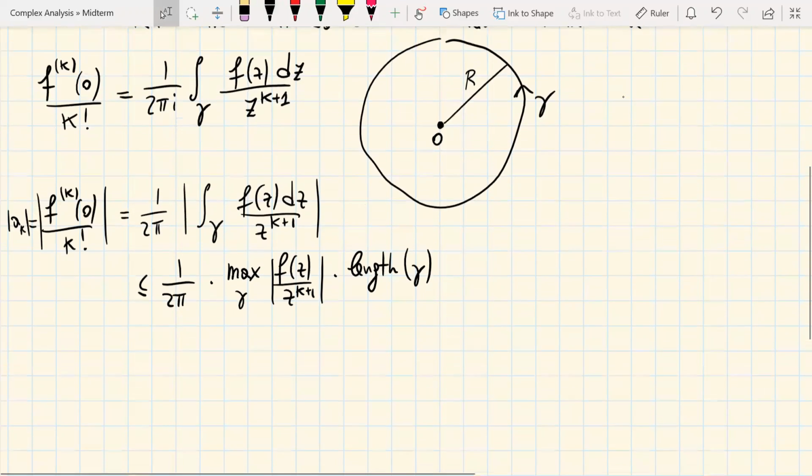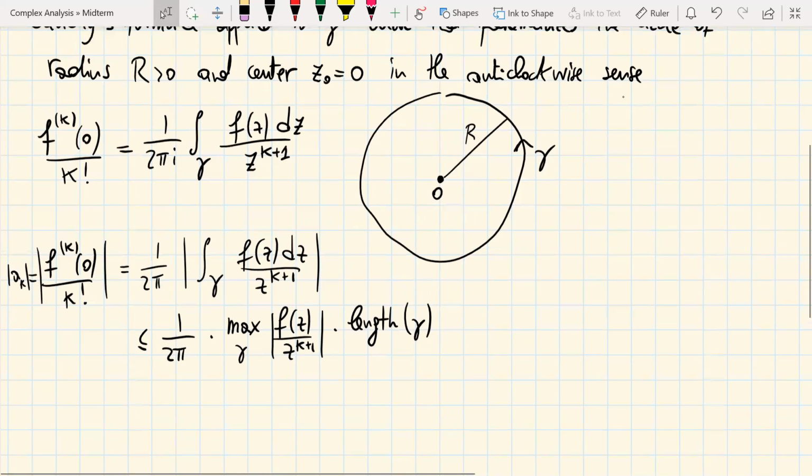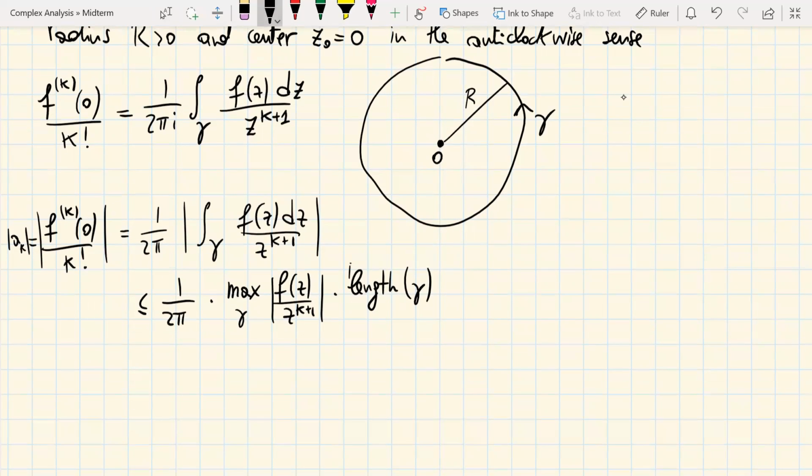Okay, so how can we now estimate these two elements, the maximum and the length? The length we can compute precisely. This is the length of a circle of radius r, so this is equal to 2 pi r. And now what about the maximum of f divided by z to the k plus 1? Here we know that z along the circle has a norm exactly r. So the denominator here has norm exactly r.